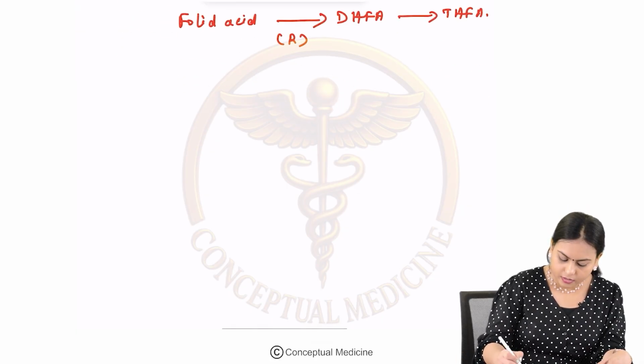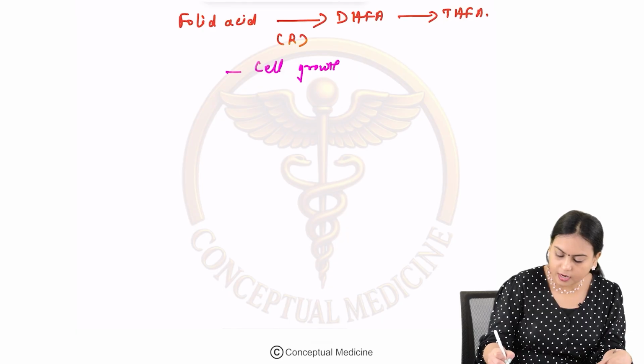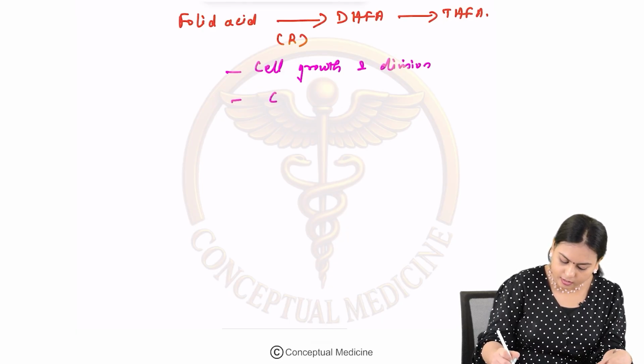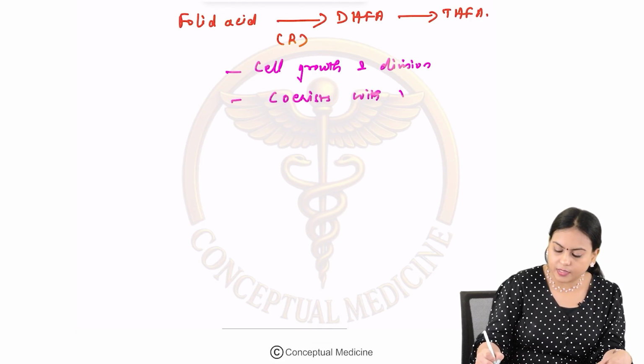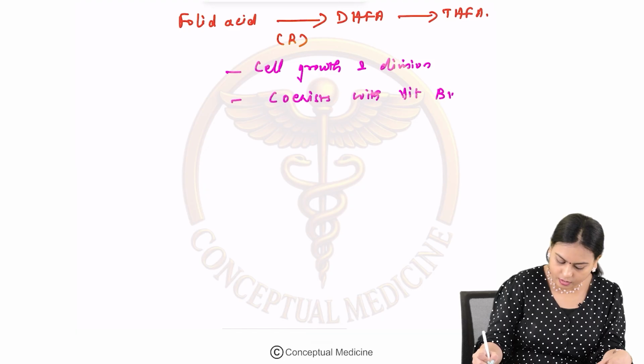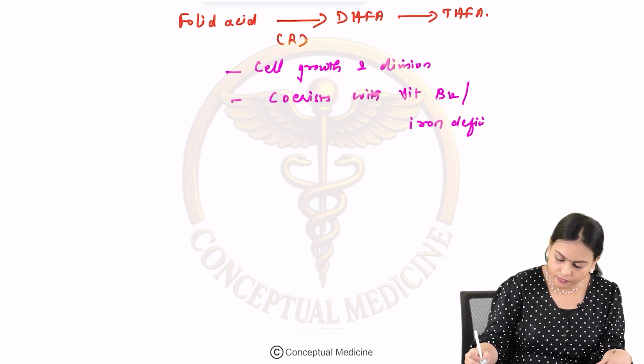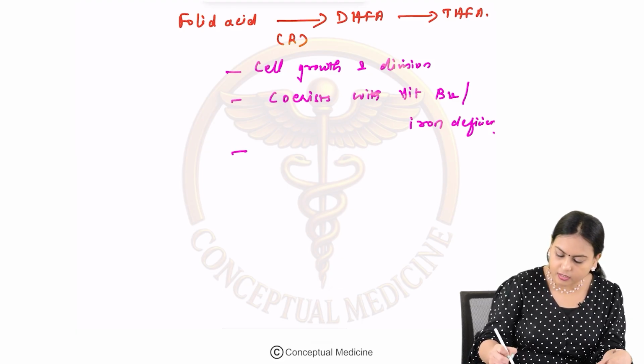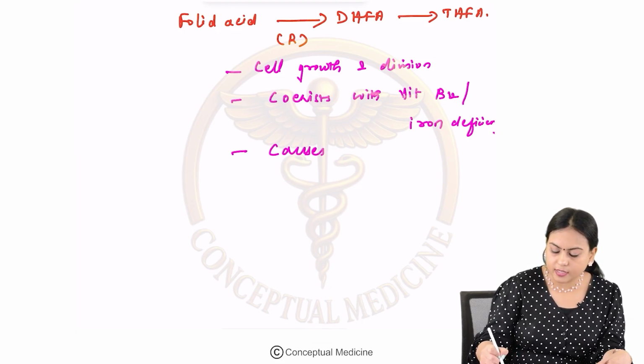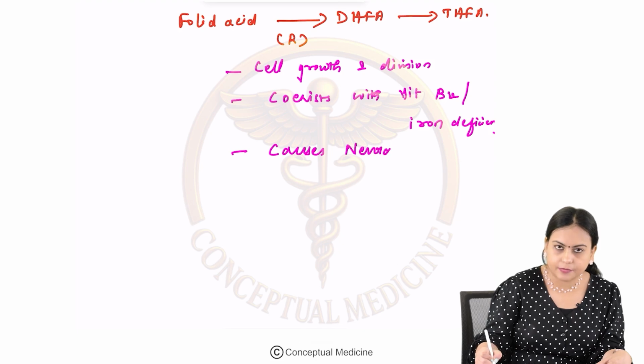So, this is important for cell growth and division. Then it mostly coexists with vitamin B12 deficiency or iron deficiency also, and deficiency of folic acid causes neural tube defects.